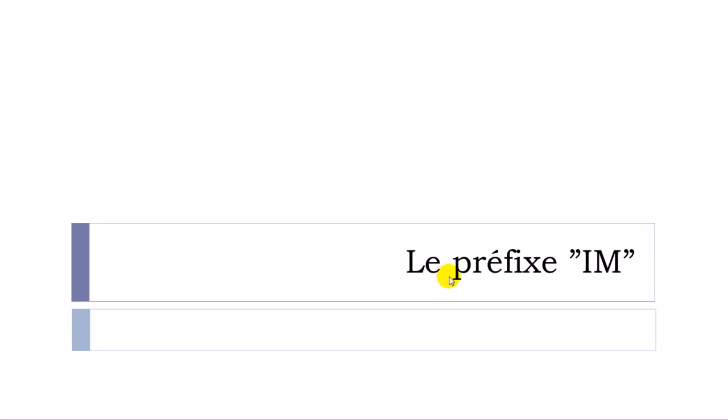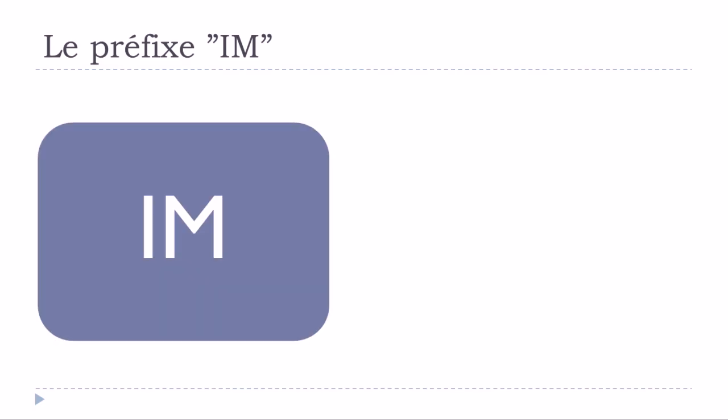Le préfixe im. When we're talking about prefix, we're talking about letters that you will add at the beginning of existing words, and by adding these letters you will modify the meaning of the word. In this lesson, by adding this im at the beginning of existing words, in most of the cases they will start with p.